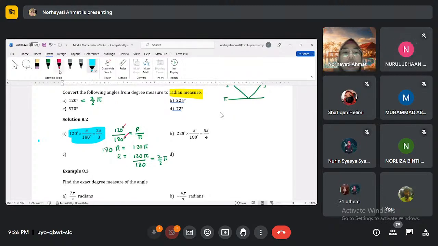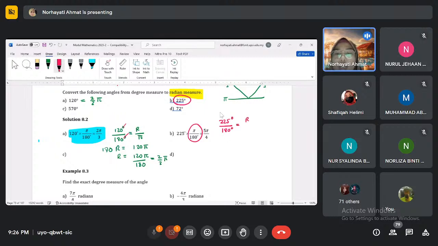Boleh. Okay, bagus. Cuba tengok yang ini, 225 ni. Kalau kita tak ingat nak darabkan dengan apa, so kita gunakan konsep ratio. So we have 225 degree over 180 degree equals to angle in radian divided by pi.